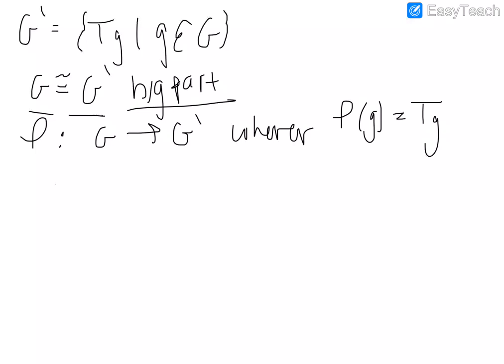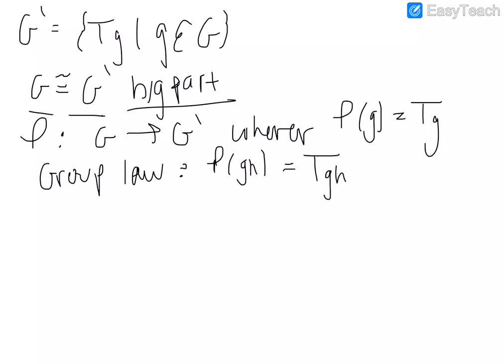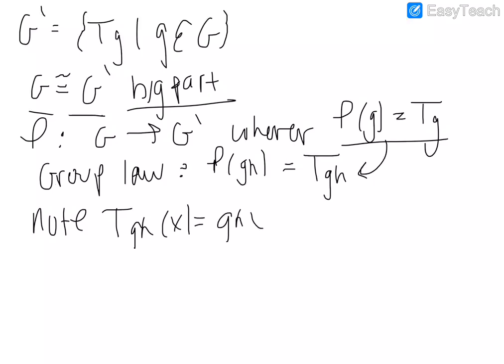So to start, we're going to compose a group law in which we state that phi of two arbitrary elements GH is equal to T sub GH. Now we know that's true because of our previously mentioned law. So now we're going to note that T sub GH of X is equal to GHX.